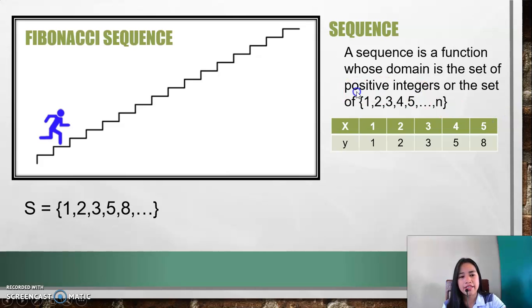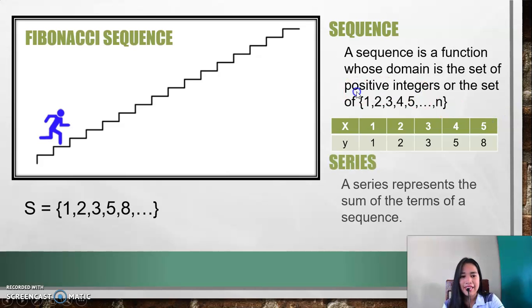On the other hand, the series is the sum of the terms of a sequence. So, a series represents the sum of the terms of a sequence. If we are going to find the series in our example, we will simply add 1, 2, 3, 5, and 8.